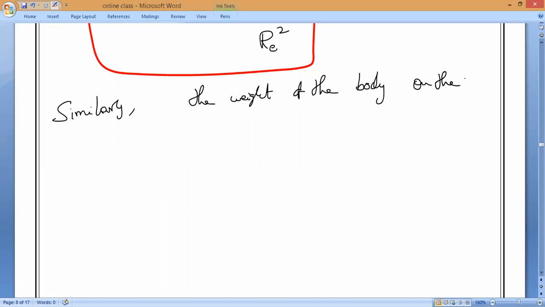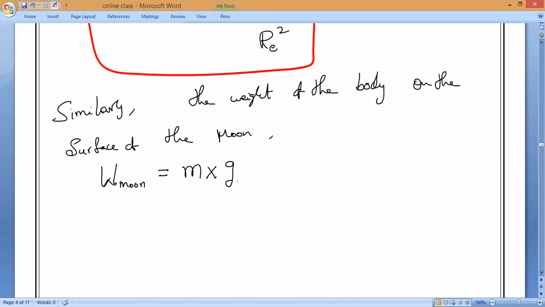Weight on moon is equal to mass into gravitational acceleration of the moon. Is it right or wrong, everybody? Yes, so that is what it is.